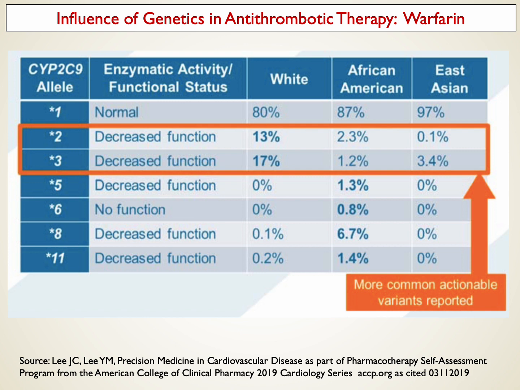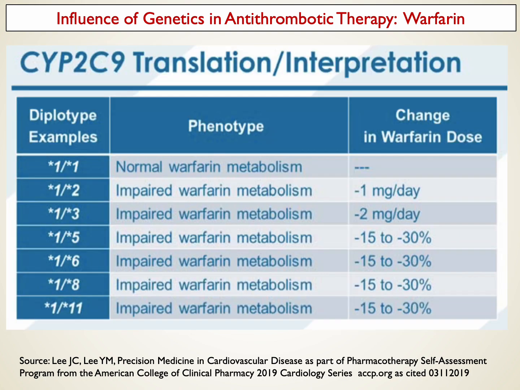The alleles that are normally tested for, if testing is done genetically for warfarin, are alleles 1, 2, and 3. But if you've got someone of African American descent, particularly you want to be testing for 5, 6, 8, and 11, because those are seen more commonly in that population. The translation of those variant alleles sometimes means that the warfarin dose might need a significant reduction because they have less ability to metabolize warfarin.